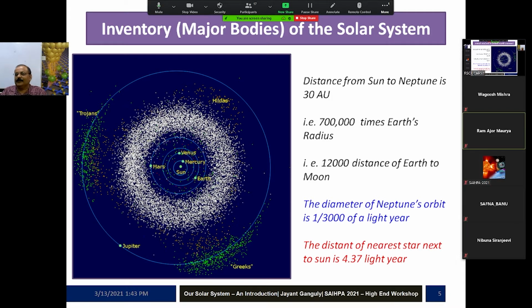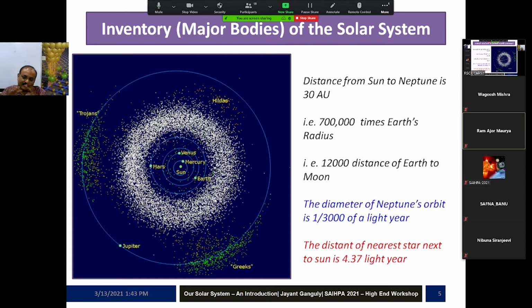As you can see from here, astronomically speaking, our solar system, though it is vast, is thin when you compare it with the distance of our nearest star, Alpha Centauri or Proxima Centauri, which is around 4.37 light years away, while the diameter of the orbit of Neptune is only 1/3000th of a light year.